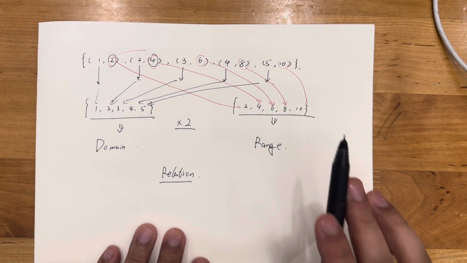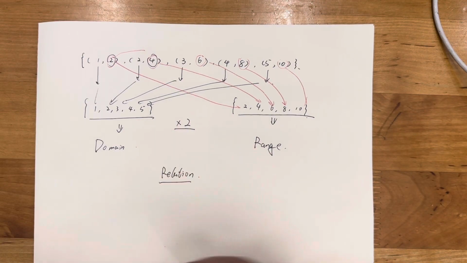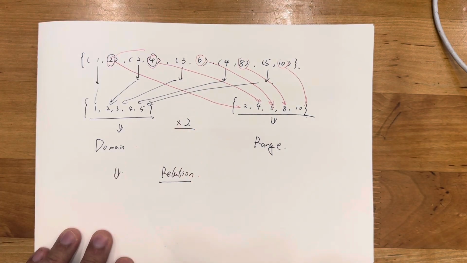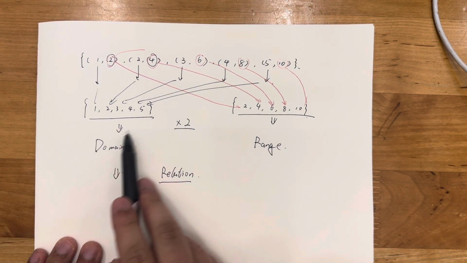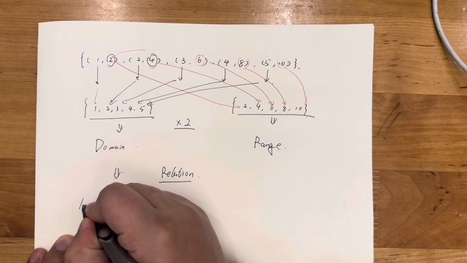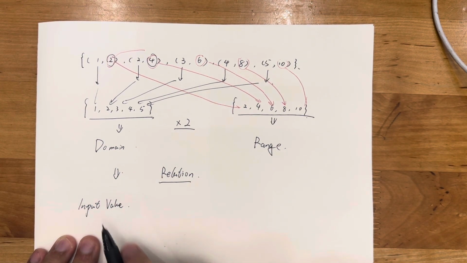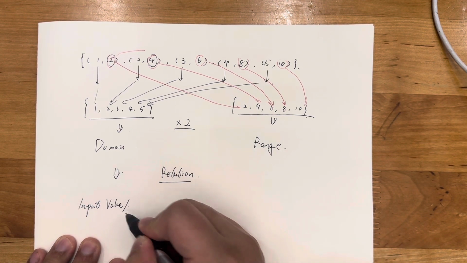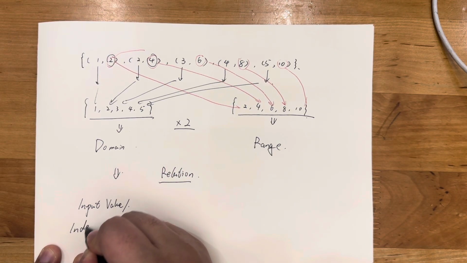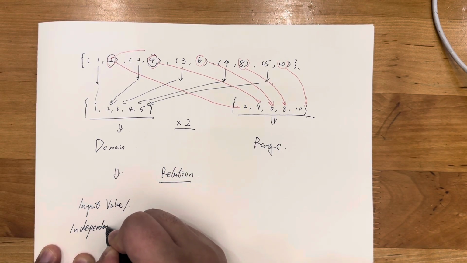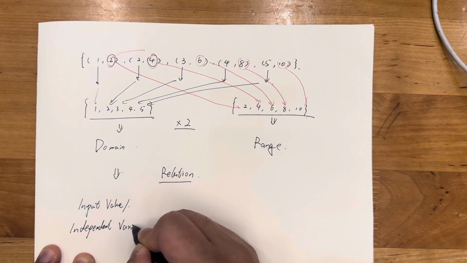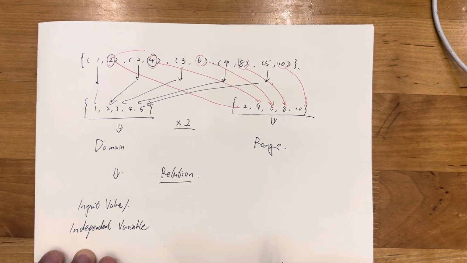I just gave you a lot of words here. Each value in the domain will be an input value. Sometimes we also call that the independent variable, which, as the name suggests, is independent.